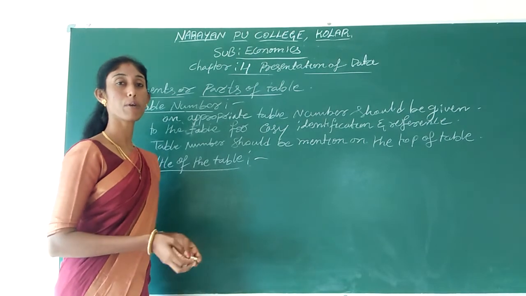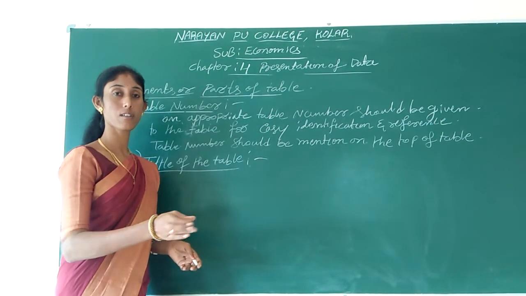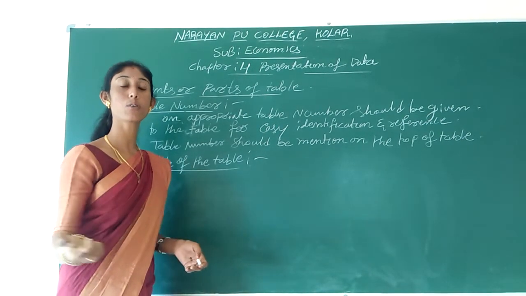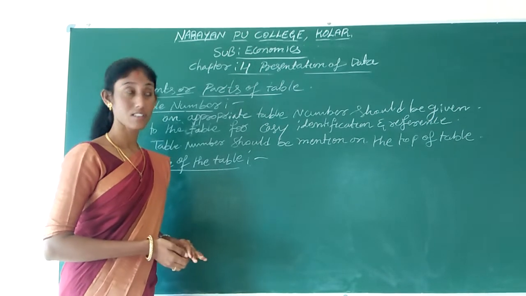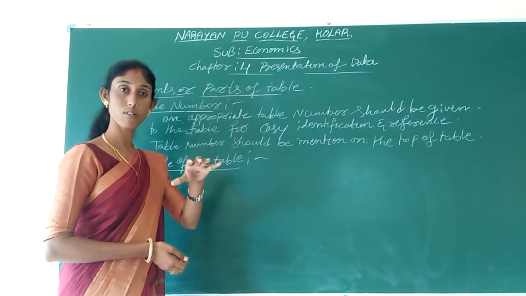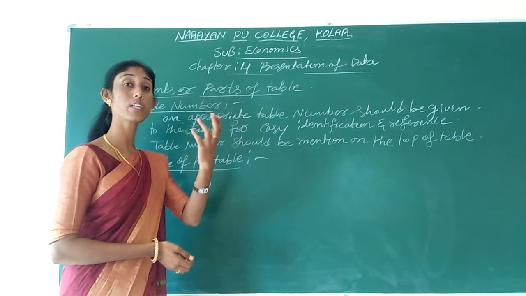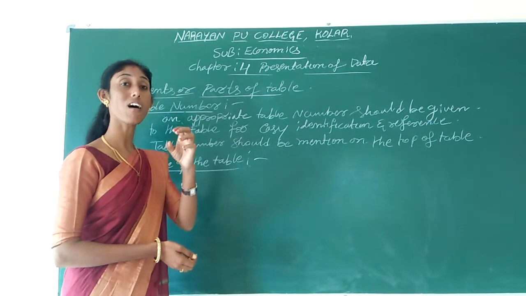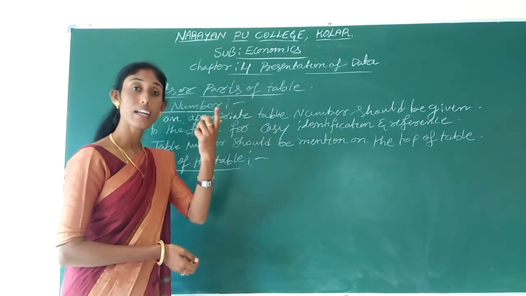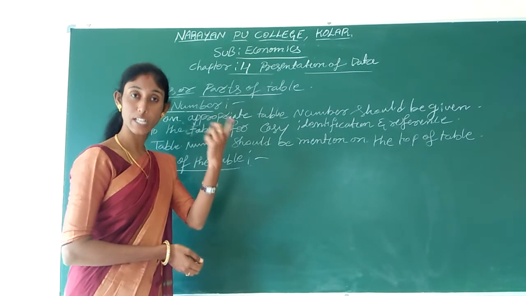For example, if the data is related to the marks of students, then before the table we should mention the feature or the nature of the data, the title of the table.